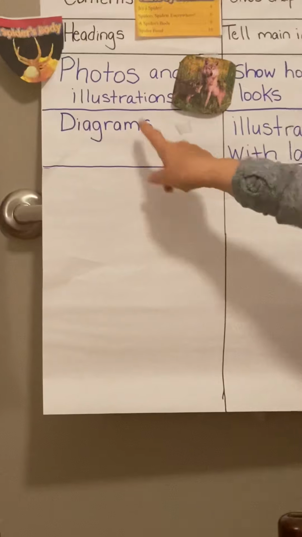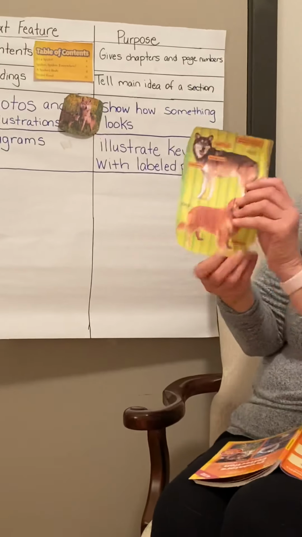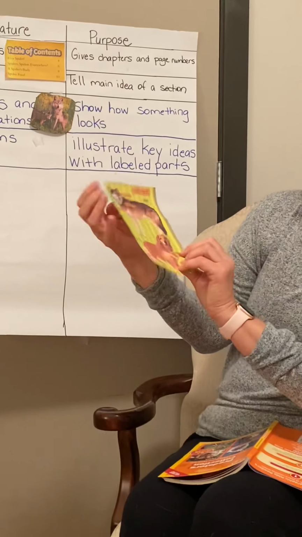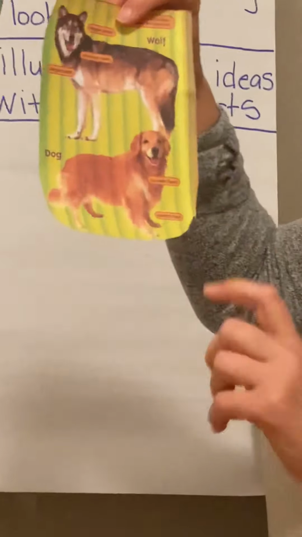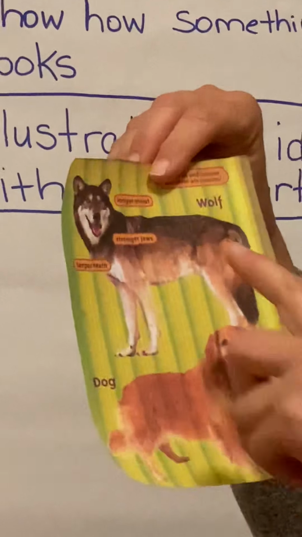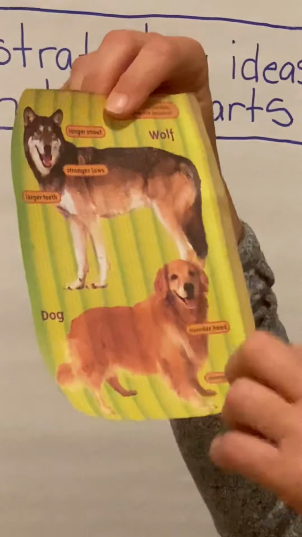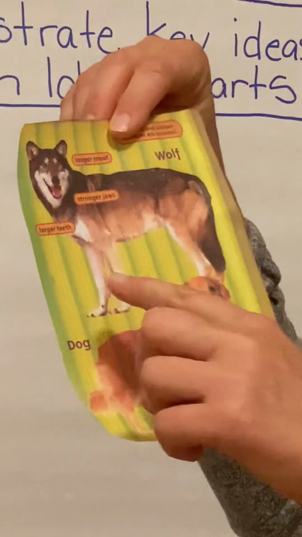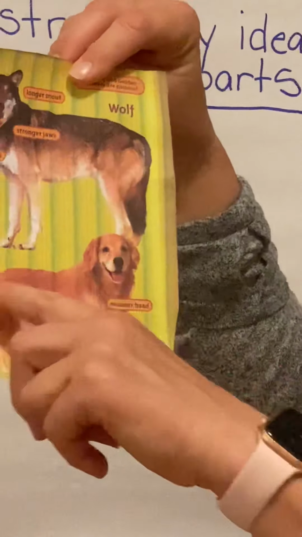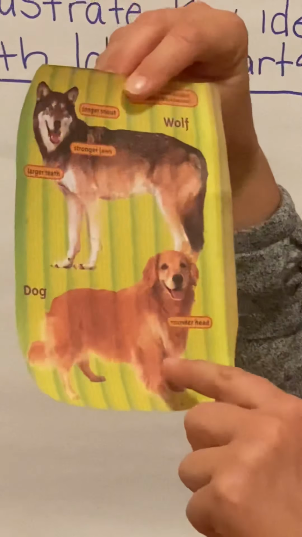I'm also going to show you a diagram. This is out of our story also. It is a diagram of a dog and a wolf. And the diagram shows you the parts of a dog and the parts of a wolf. For instance, this dog has a rounder head than a wolf and shorter legs.